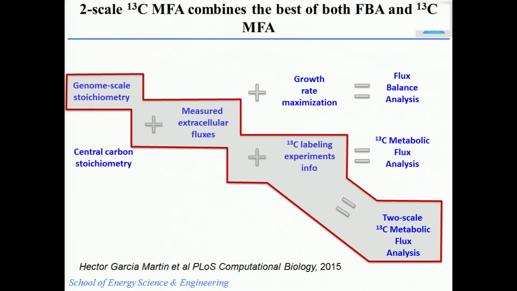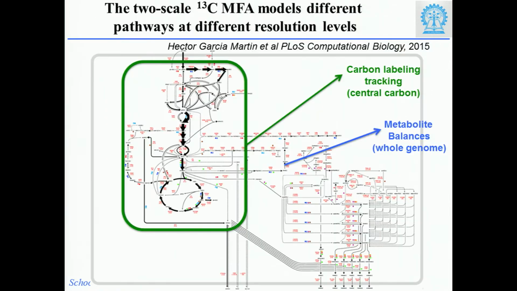So, you can actually use a bigger metabolic network, and this technique is known as two-scale 13C MFA, where you can go for a genome scale metabolic network, and it uses the principle of 13C MFA, where you consider the central metabolic network for tracking the carbon, and for the remaining part of the network we do not track the carbon, got it.